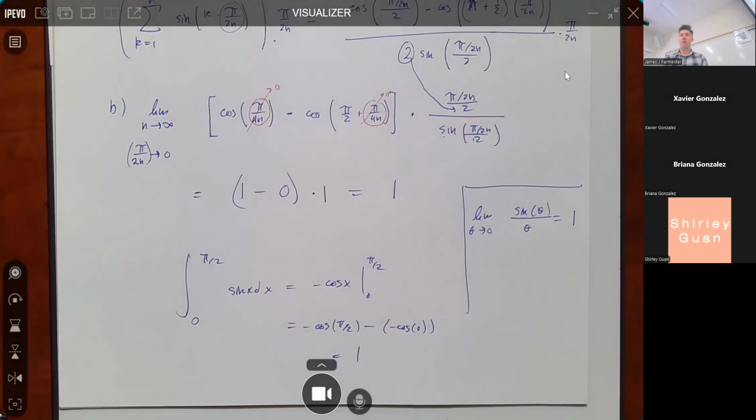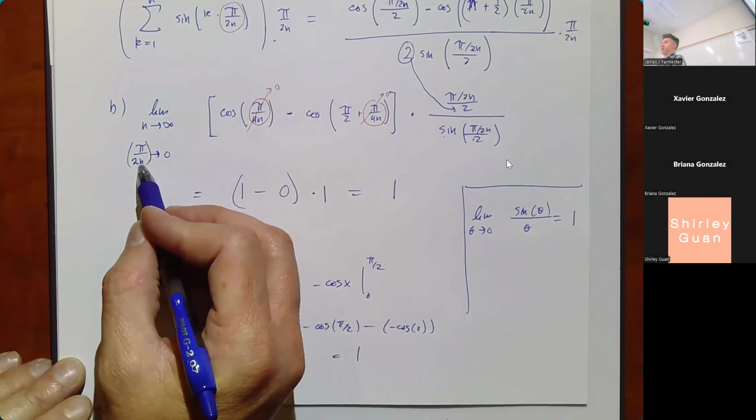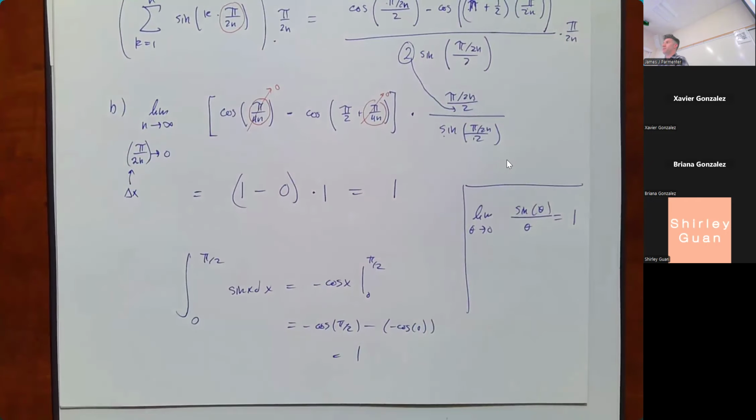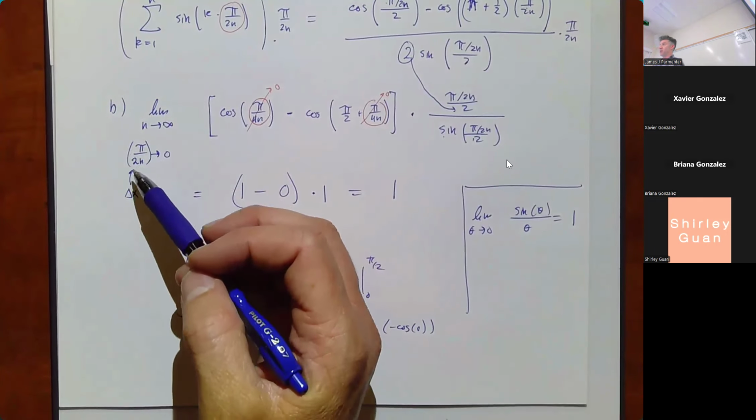Question 1 for the second part, like delta x is equal to 0. Yeah, so I wrote that here. I just wrote it as pi over 2n. The pi over 2n is the delta x. But really, you can look at it either way. N going to infinity has to mean that the pi over 2n is going to 0, which is the delta x. It's the same thing.